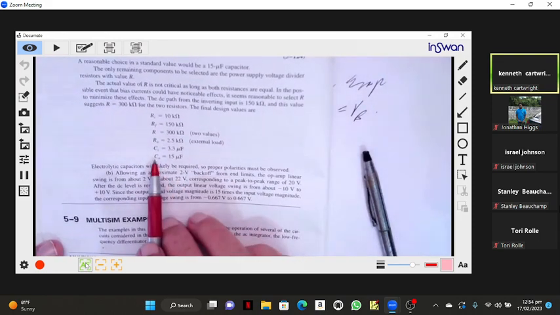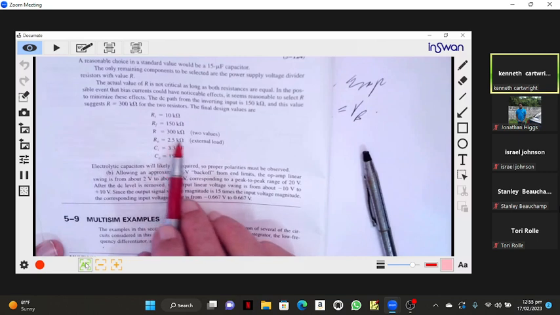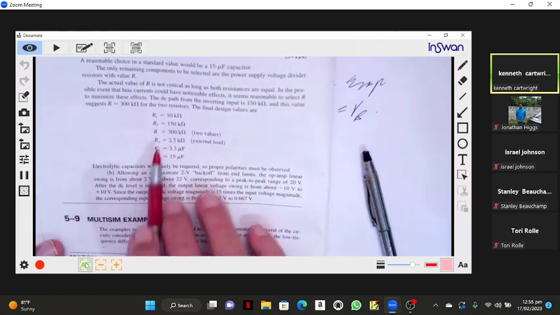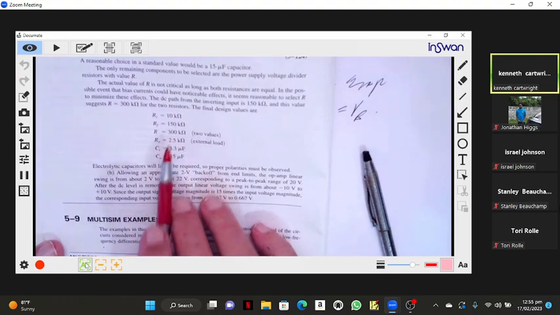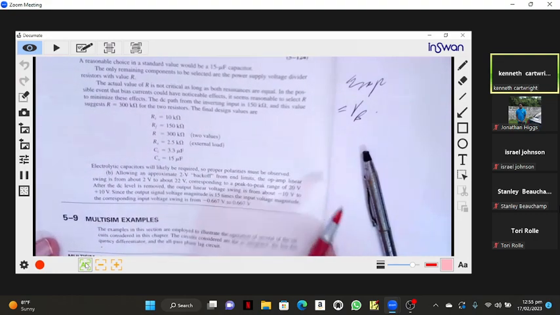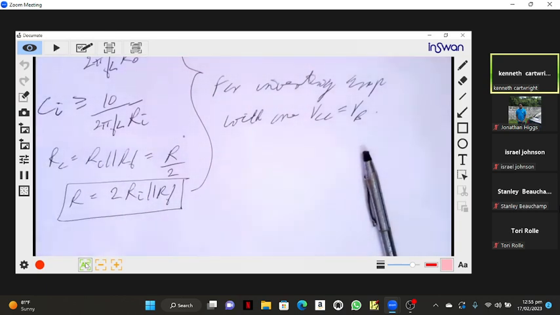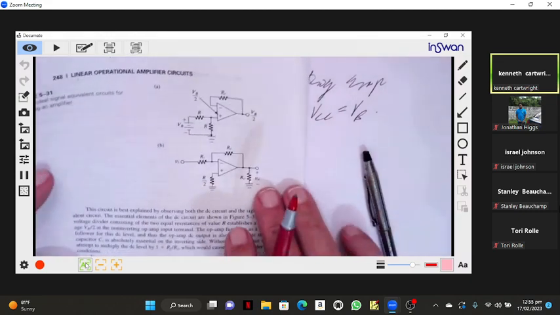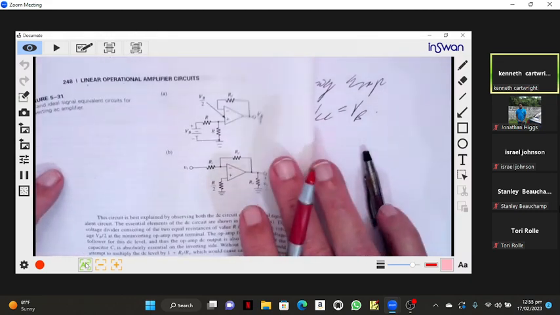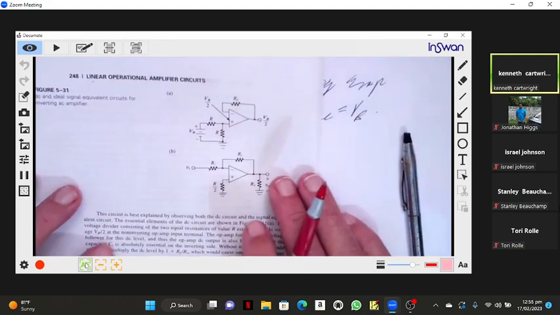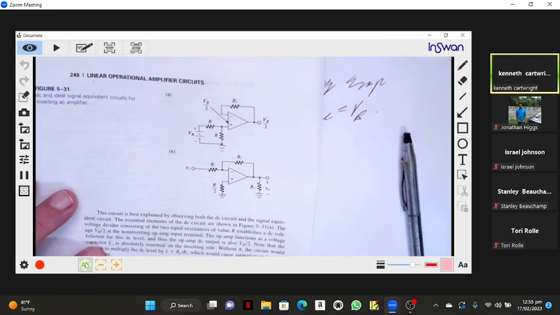We've got the two capacitors. We've got the load that was specified. And RF is 150. So R over 2 equals RF. Now, why aren't they in parallel? I go back to the circuit.